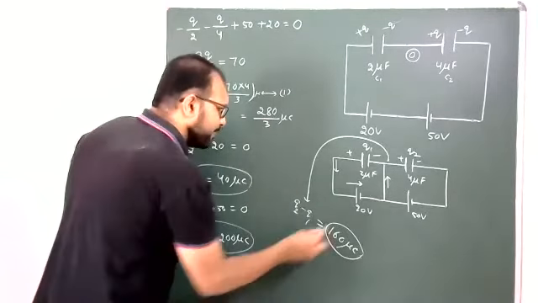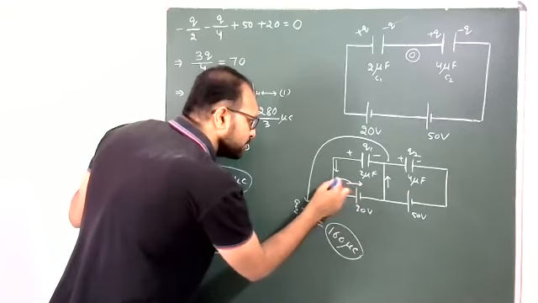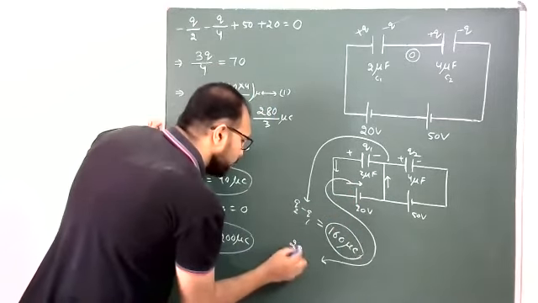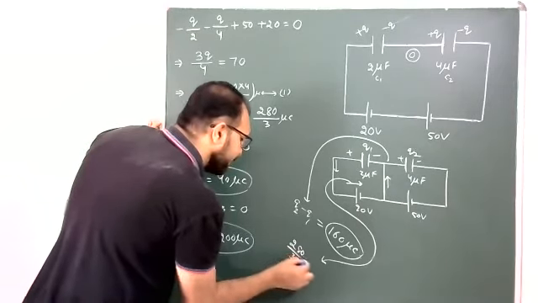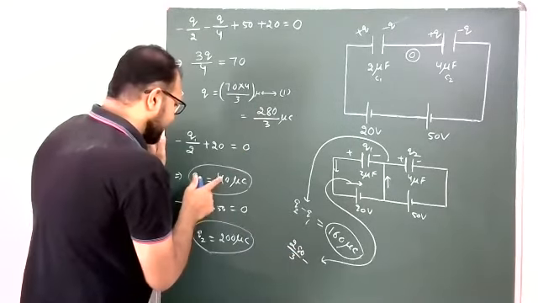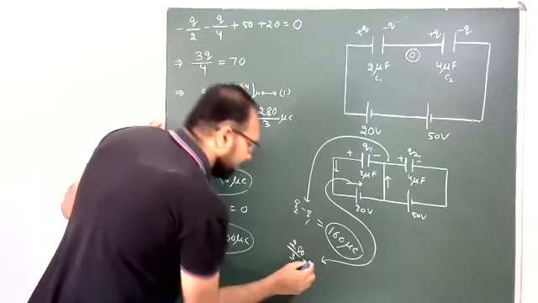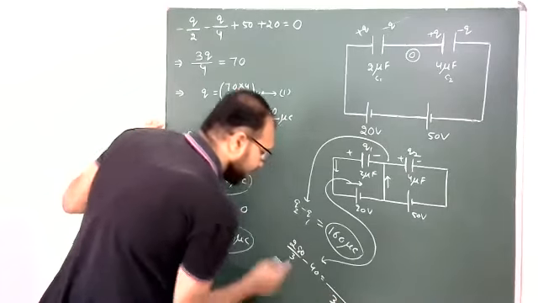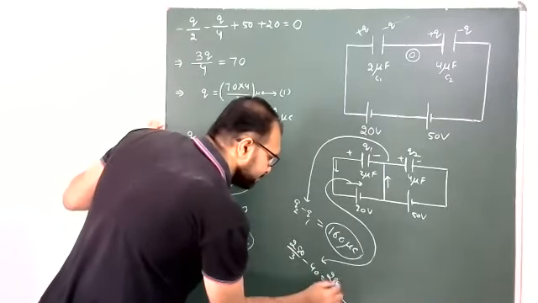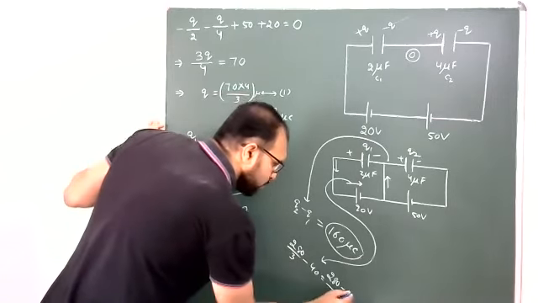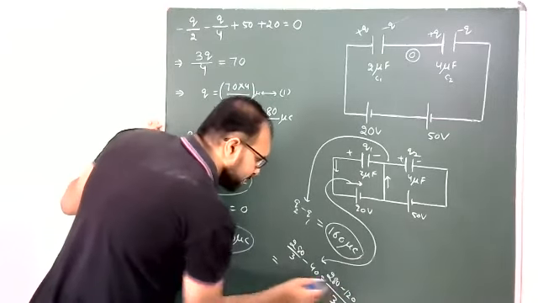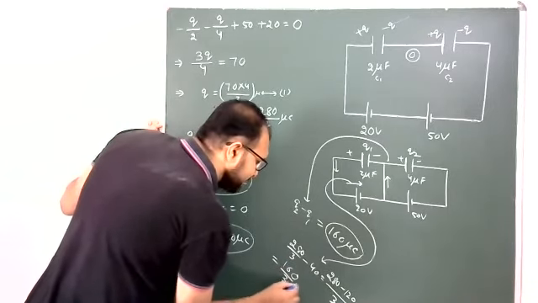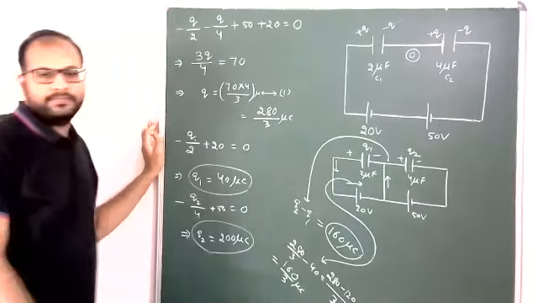Now I am going to calculate this charge: 280 by 3 minus 40, so 280 minus 120, that is 160 by 3 microcoulombs.